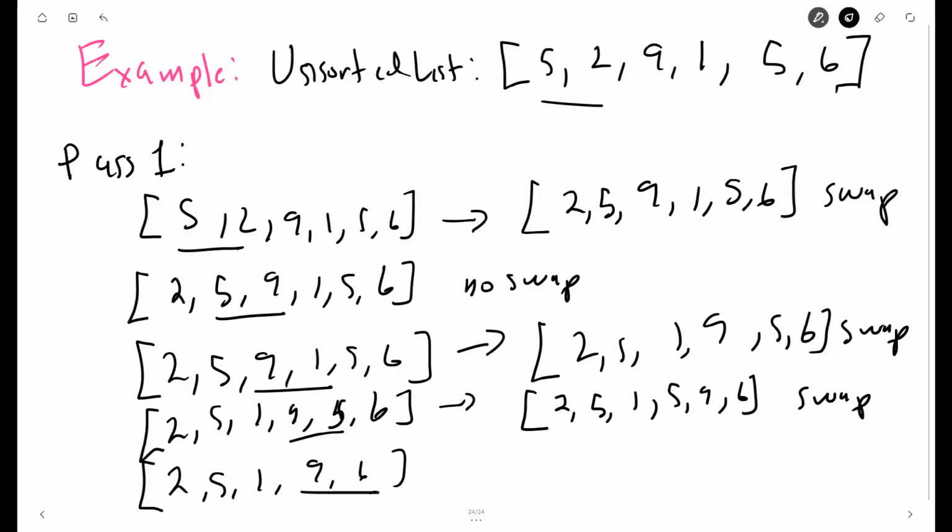That's going to be 2, 5, 1, 5, 6, and 9. So that finished pass 1. Now the last element is already in order, so we're not going to concentrate on it in the next pass.